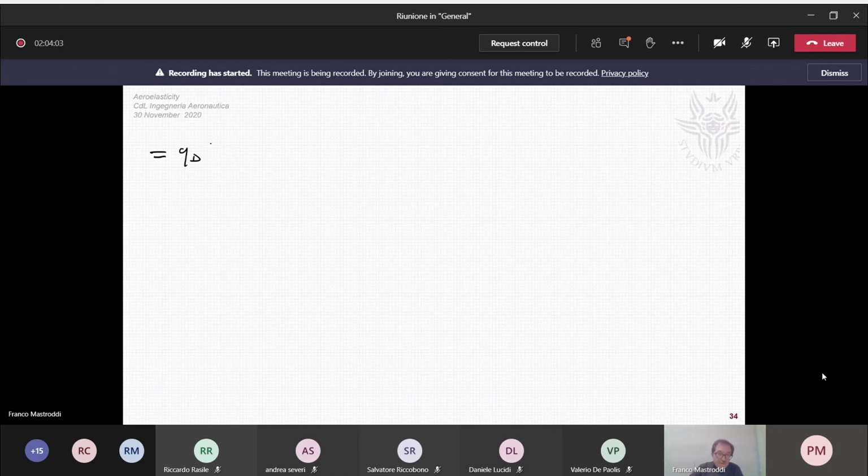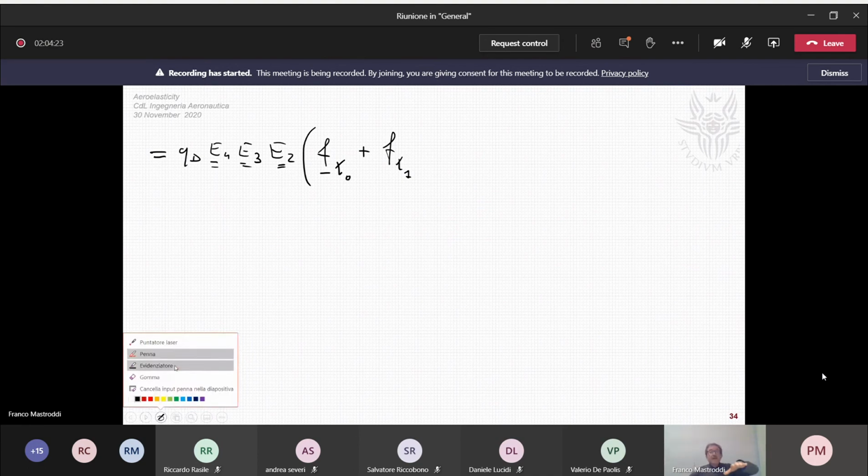and here we have the list of E4, E3, E2, and the normal wash is now given by, again, the FK0, but pay attention please, we have FK1 by alpha, because the boundary condition is modified by the angle of attack, remember what we obtained before.